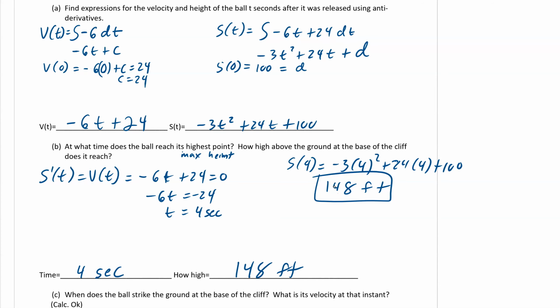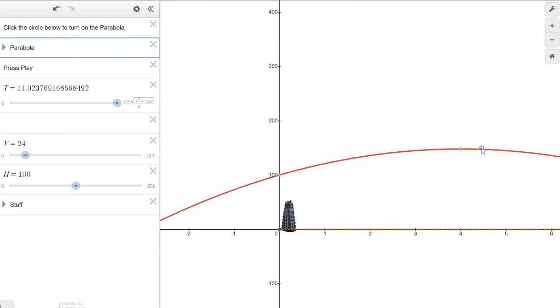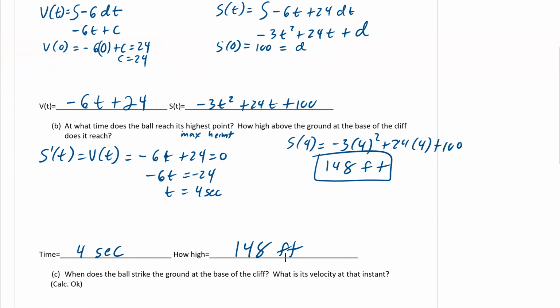Now remember, you also want to check these in your calculator or with Desmos. Our position function is just that parabola, and right there, that is our max. So at 4 seconds, we go to 148 feet. All this is doing is matching the height to the parabola as it goes up and then back down. So when we take the derivative, it tells us our max height and at what time we reach that max height.